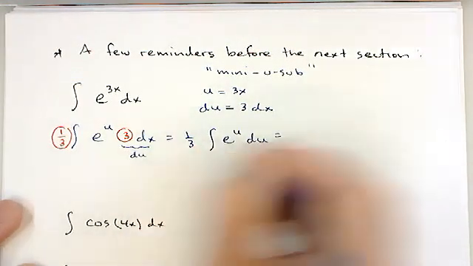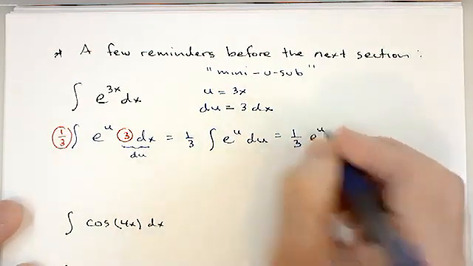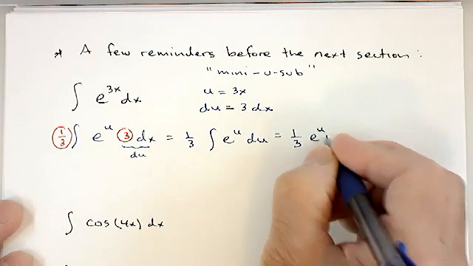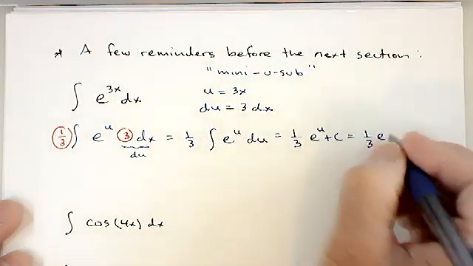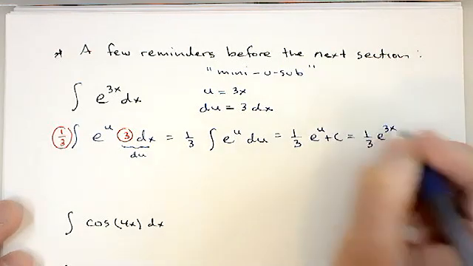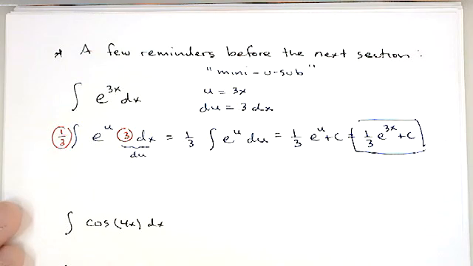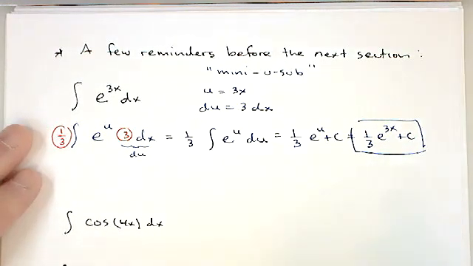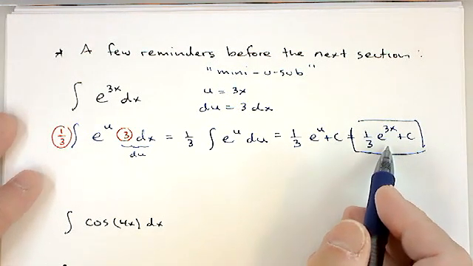And we know our antiderivative of e to the u is just going to be e to the u plus c. And if I put my u back in, it's going to be 1/3 e to the 3x plus c. Are you okay with that? That can be explained with a u substitution.